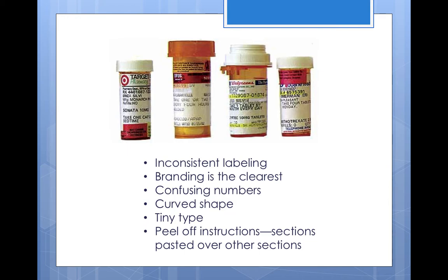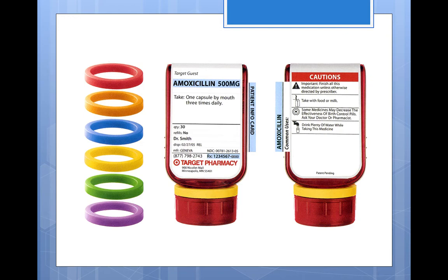It's not good, especially if you're in a multi-member household and you all have medicines you're taking. This could very quickly become a bad situation. So, at one point, Target Pharmacy actually developed this prototype of a medicine bottle. Now then, let's look at this. Number one, notice how much clutter has been eliminated.